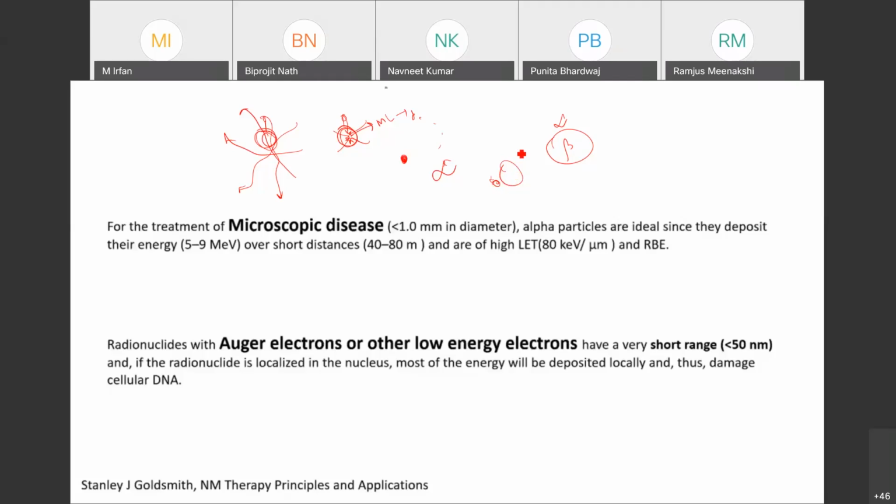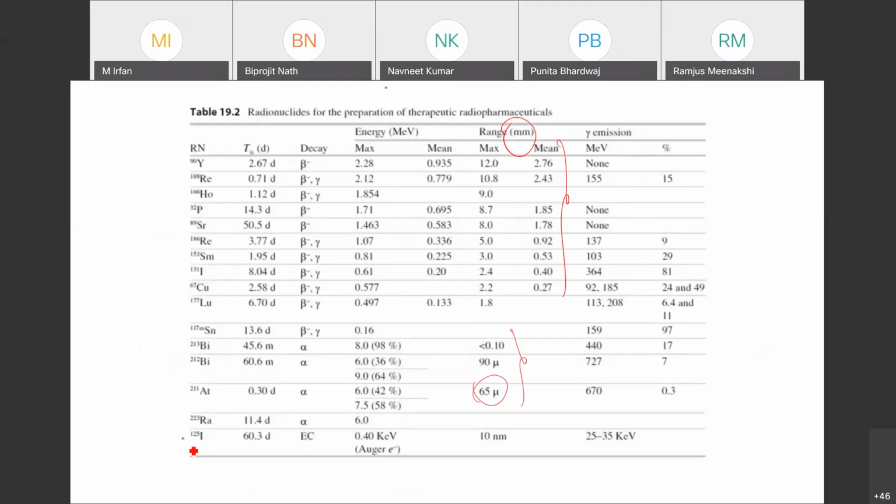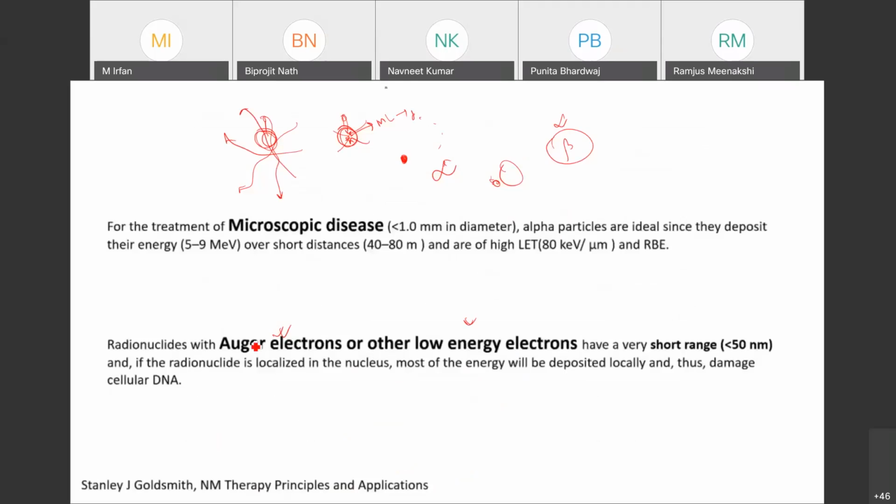And those radionuclides which decay by emission of Auger electrons or any other low energy electron, for example iodine-125, which decays by emission of an Auger electron having energy of 0.40 keV. This energy of 0.40 keV gets deposited in the nucleus of the cell.